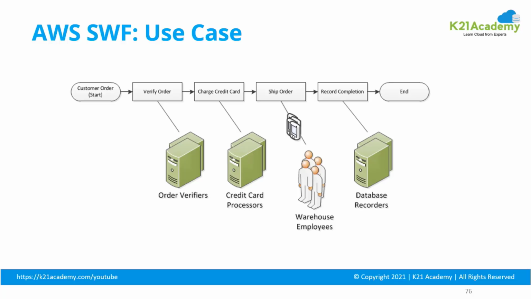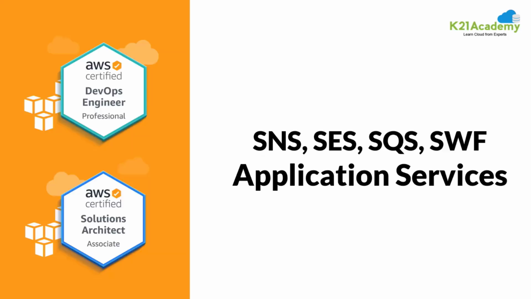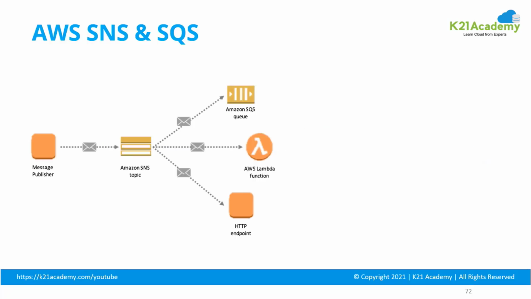This is an example of a serial workflow, which means a sequential workflow, where a task is completed one after another. When the credit card is charged, only then do you ship the order, and so on. Or you can have some tasks or workflows where multiple processes can run or start in parallel. So that's Simple Workflow.